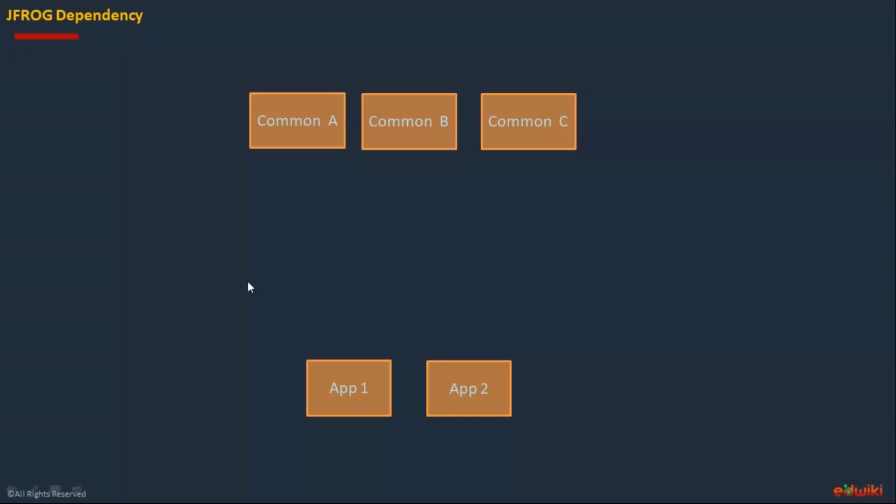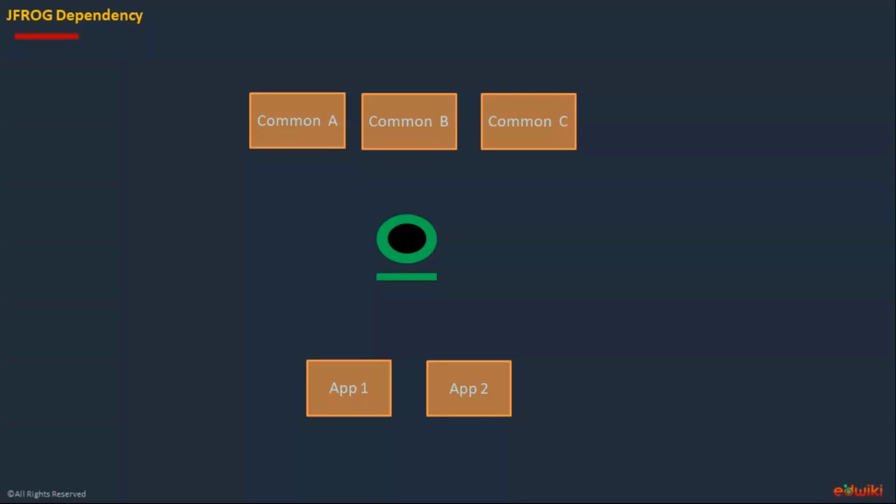So when it comes to Java, we need to take the help of JFrog. JFrog is the artifact management tool which we have already used to store the Helm artifact. JFrog can also store the artifacts of many other build tools as well.